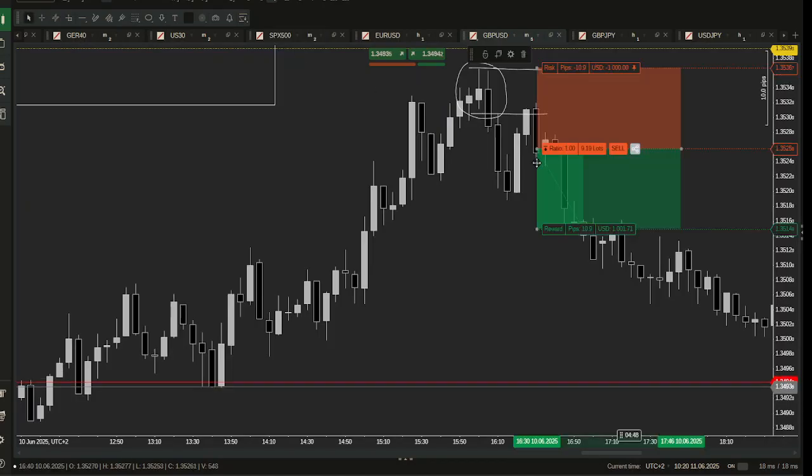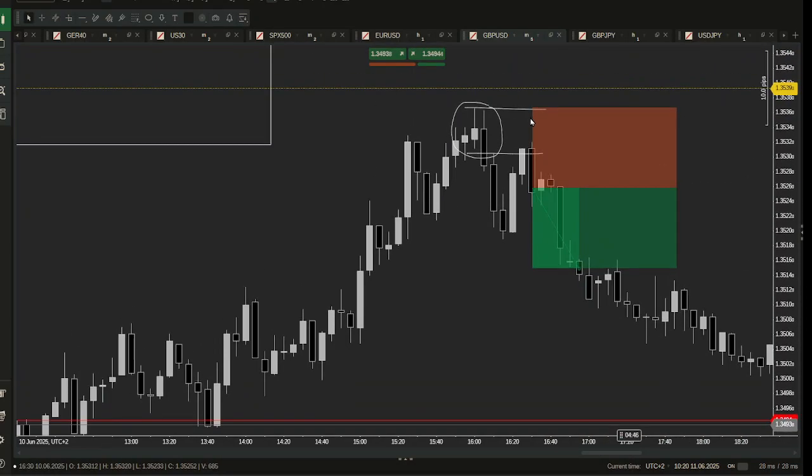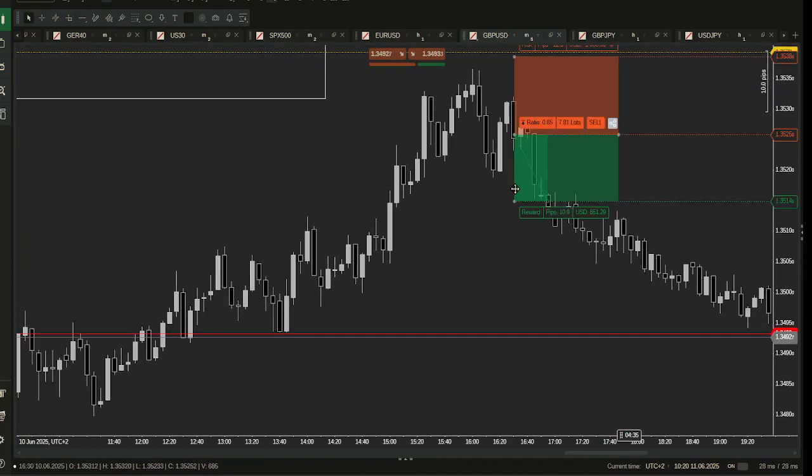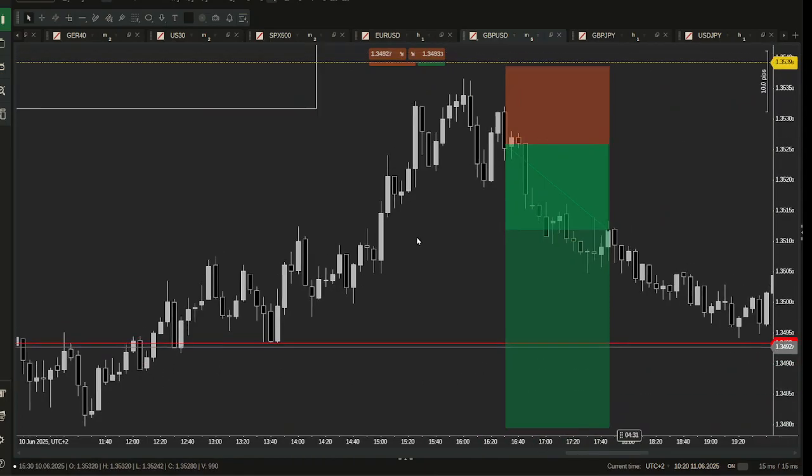Let's use this as an example, right? We can now remove these lines, this and this. So the stop was kind of here, and I was targeting, first of all, these lows. I didn't get that.